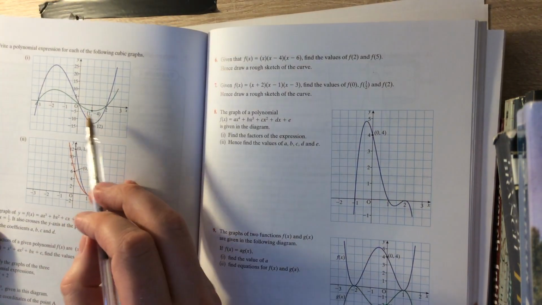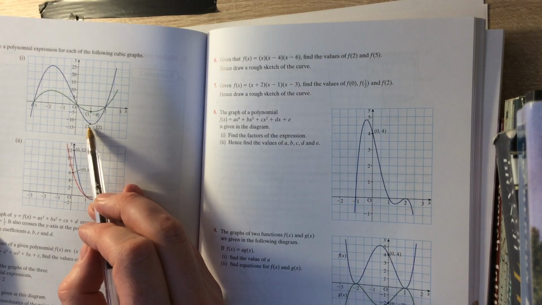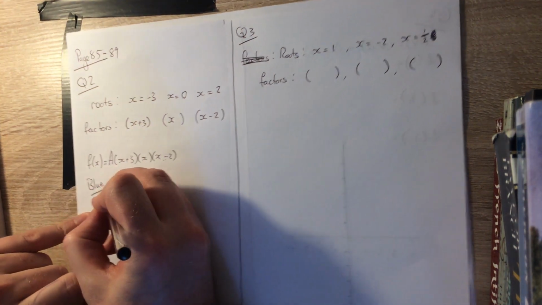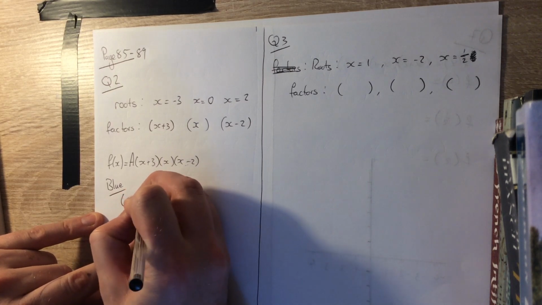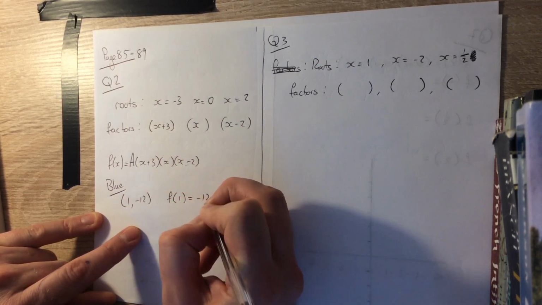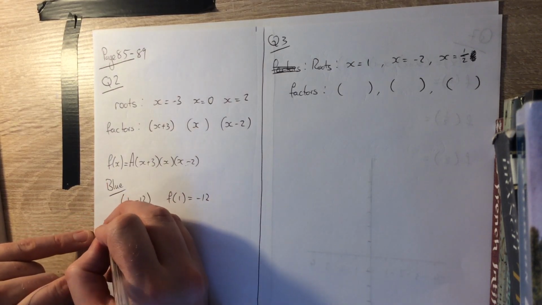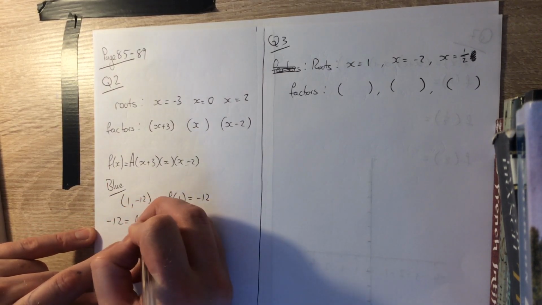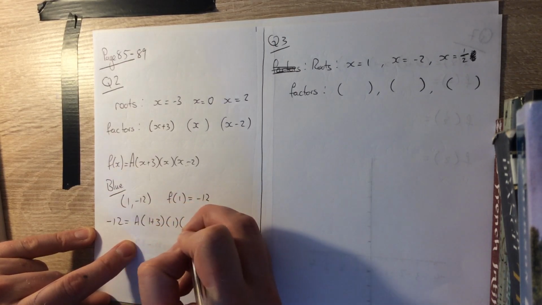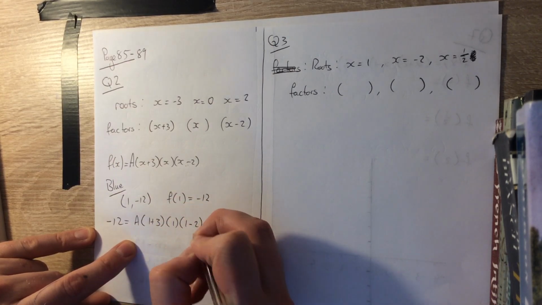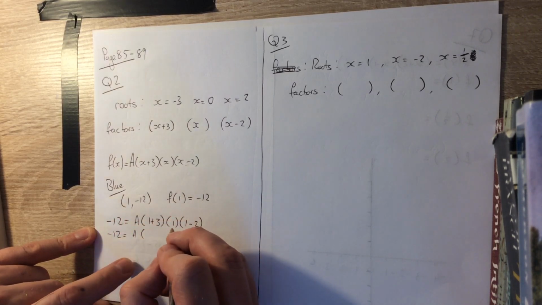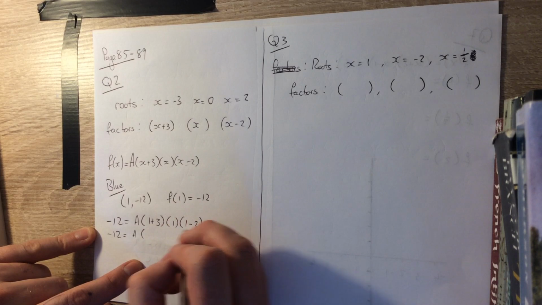the blue curve has this point at 1, -12. So we can say 1, -12 is on that curve, so f of 1 equals -12. So we can say, well then, -12 equals a times 1 plus 3 multiplied by 1 multiplied by 1 minus 2. -12 is a multiplied by 4 times 1 times -1.